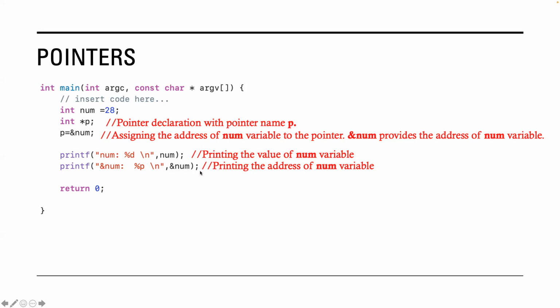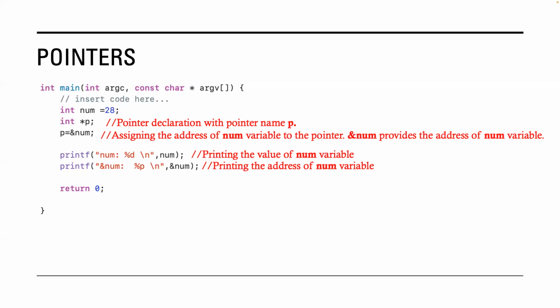So again, I declared and initialized the variable called num with the variable type int, and then I declared a pointer with pointer name p using this star mark, and then here I retrieved the address of the variable num using this & mark, and then I print the value of the variable and also the address of the variable num.